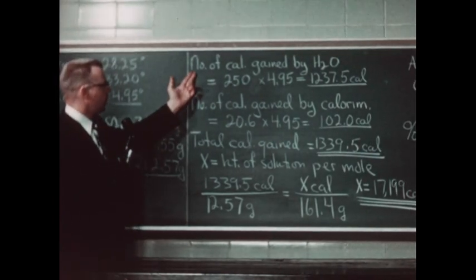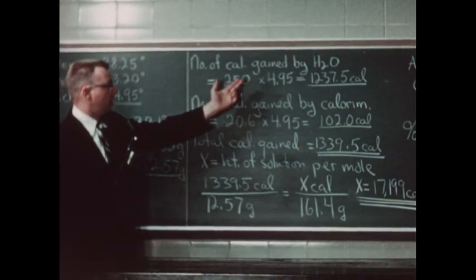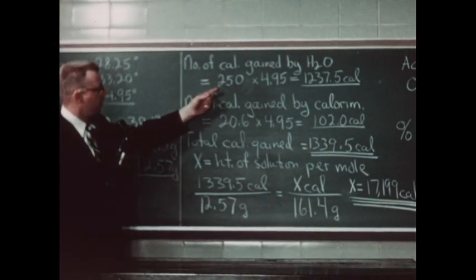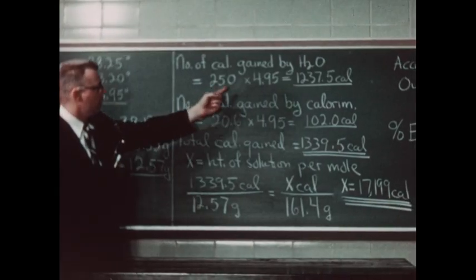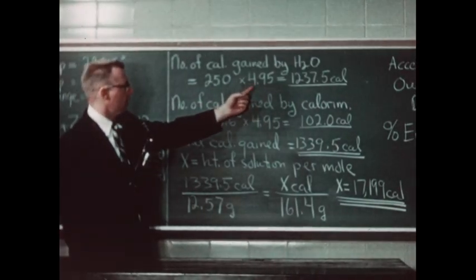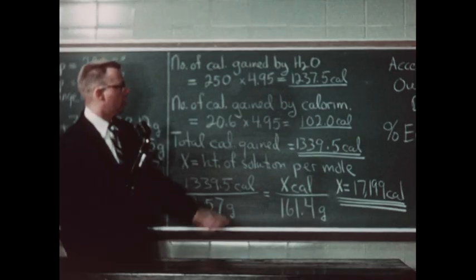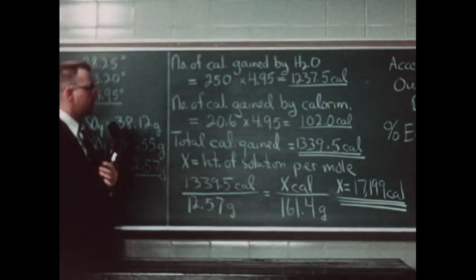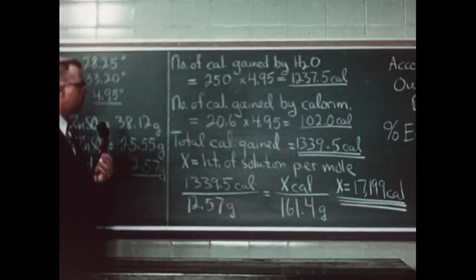Now, we know that the specific heat of water is 1, so that the number of calories gained by the water equals the weight of the water multiplied by the degrees of temperature change, or 1,237.5 calories, the calories gained by the water.